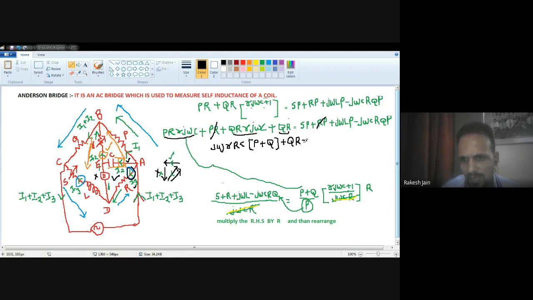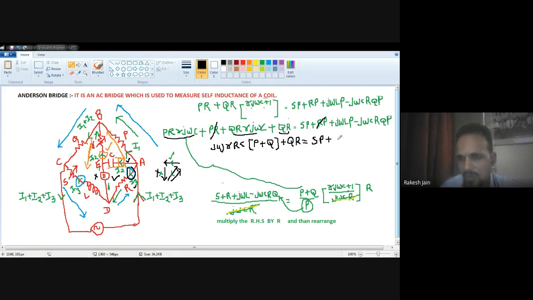And from the right hand side, I will show that the real part is SP. And what is the imaginary part? So we can write down j omega LP, because I have to find out the formula for the inductance.